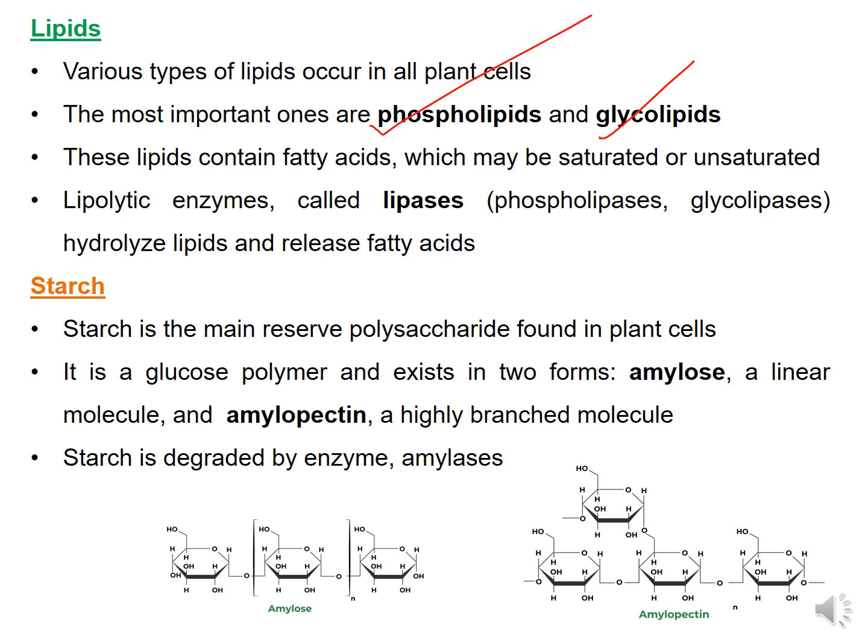In this picture you can see that amylose is a linear molecule, whereas amylopectin is a highly branched molecule, and this starch is degraded by the enzyme amylases. Because of the release of these enzymes, the pathogen is capable of degrading all these substances to make its entry into the cell, and it can utilize the food material from the host cell. So these are the different substances present in the cell wall.